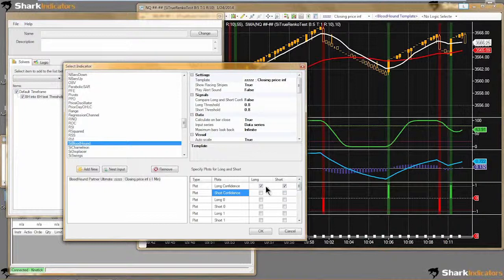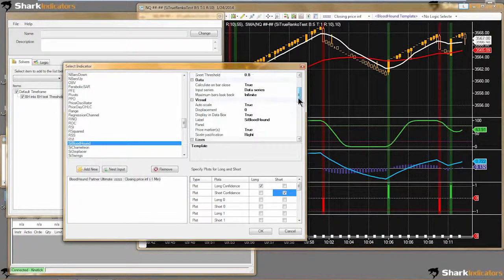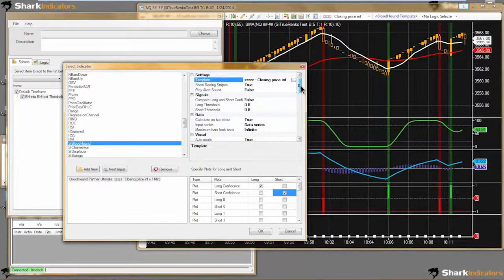So we'll use the long confidence for long evaluations, and we'll use the short plot here for the short evaluations. There are really no other settings here in BloodHound that we need to set. Just load up the template file.